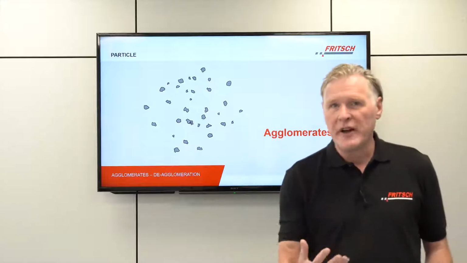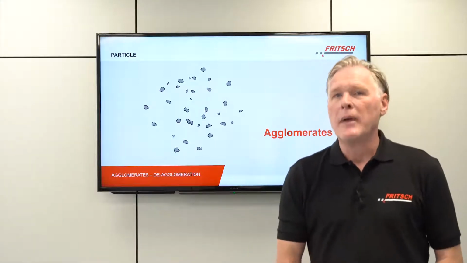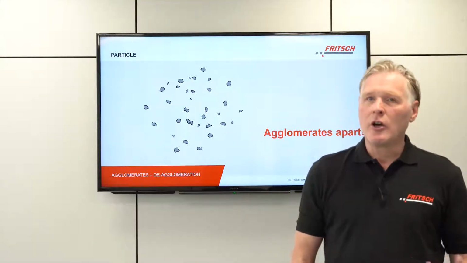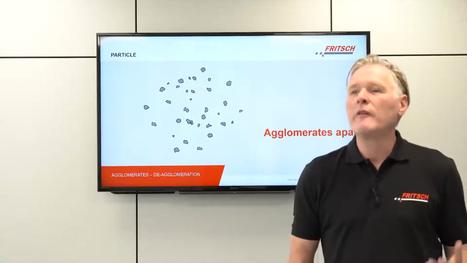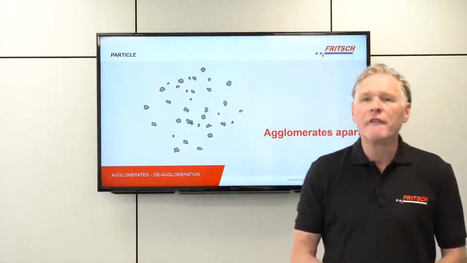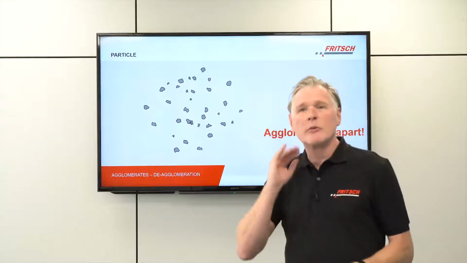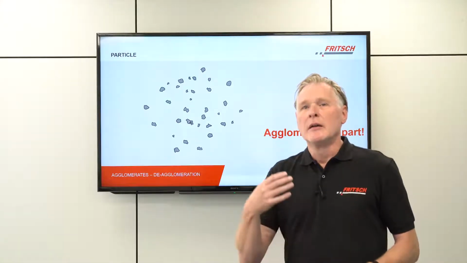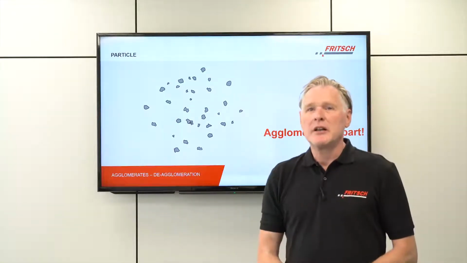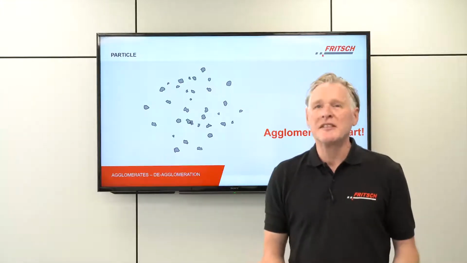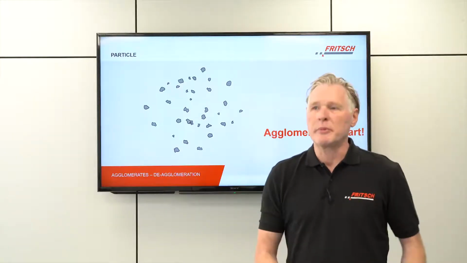Some fraction of the agglomerate may remain, but of course this will be one of the main challenges of the user: to de-agglomerate the sample material, to disperse the sample in your instrument or during preparation.